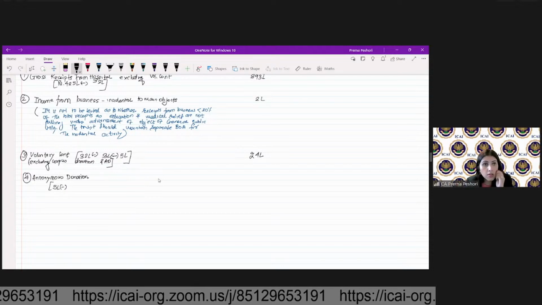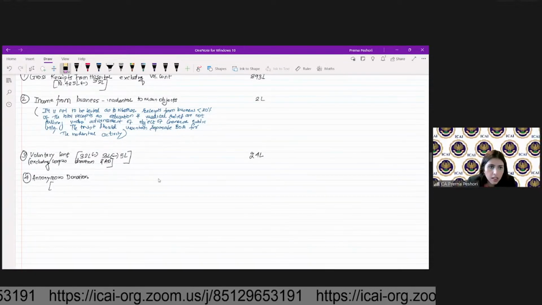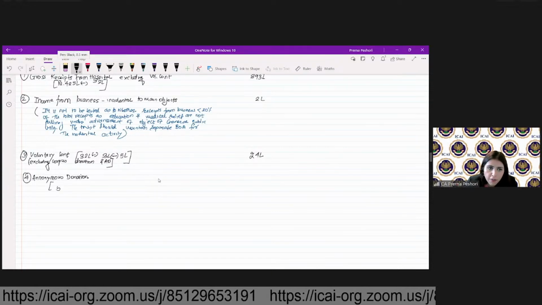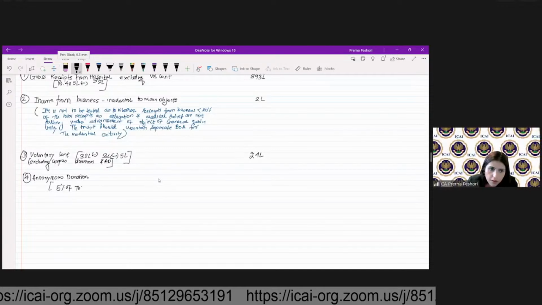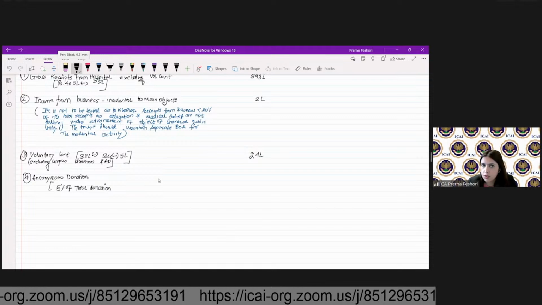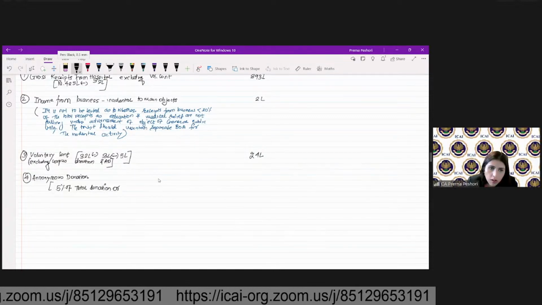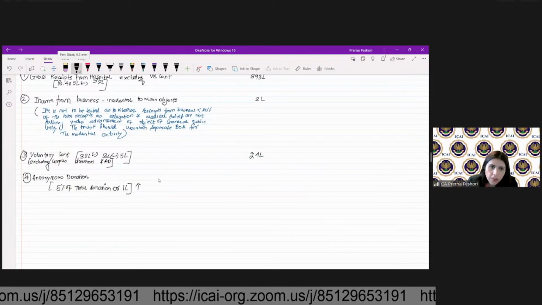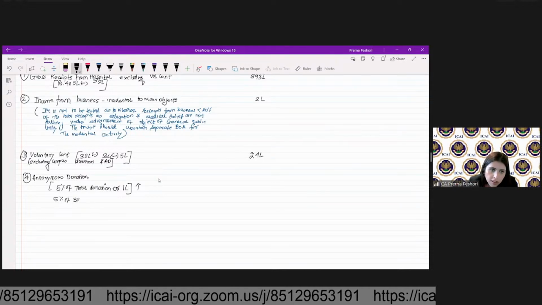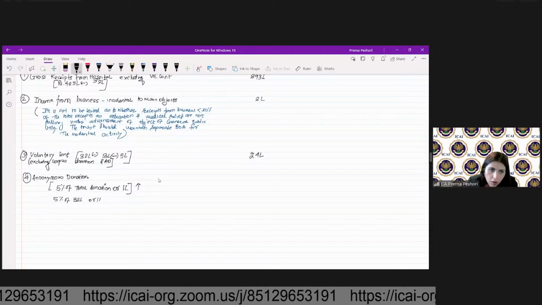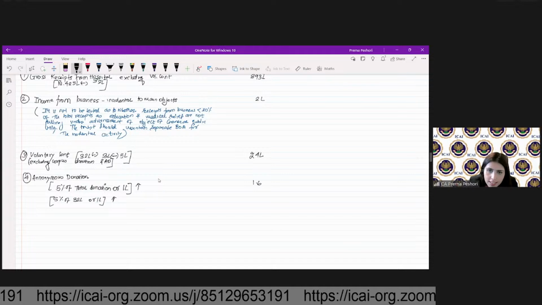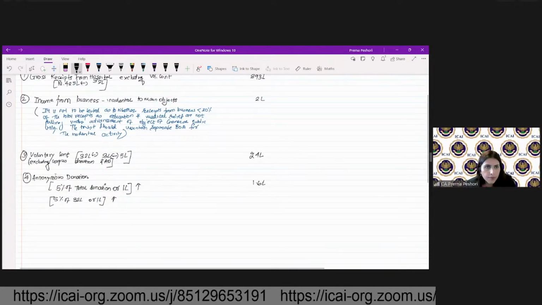Here what we have to do is 5% of total donation, or 1 lakh, whichever is higher. So 5% of 32 lakh or 1 lakh, whichever is higher, 1.6 lakh I will consider over here.